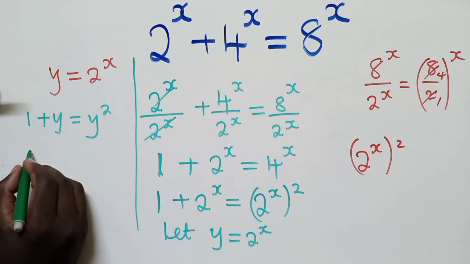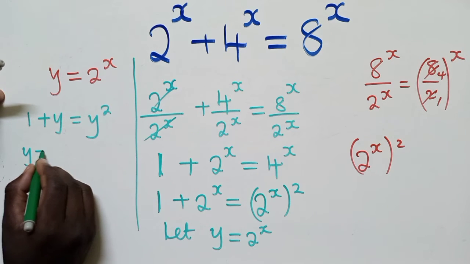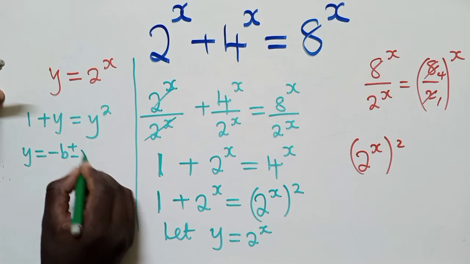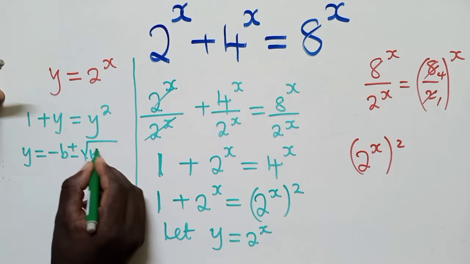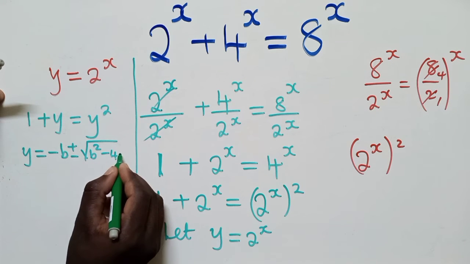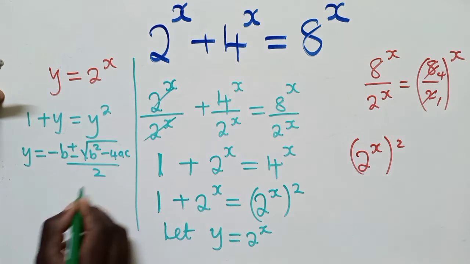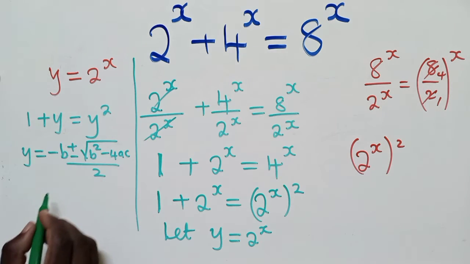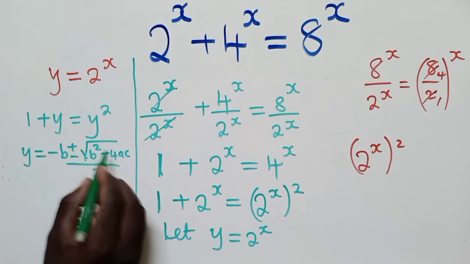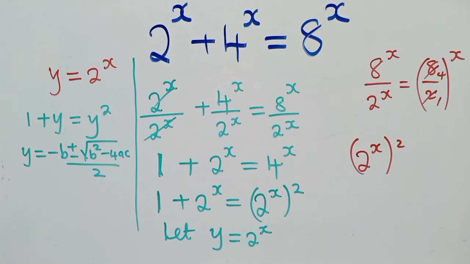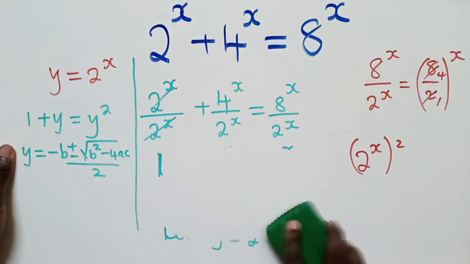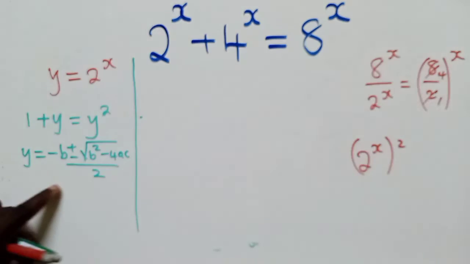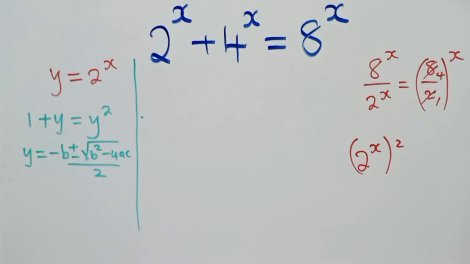We are going to say y is equal to negative b plus or minus the root of b squared minus 4ac, over 2a. We're going to use this formula to solve the equation. Before we solve it, let's put it in standard form. Remember, this is the formula that we're going to use.